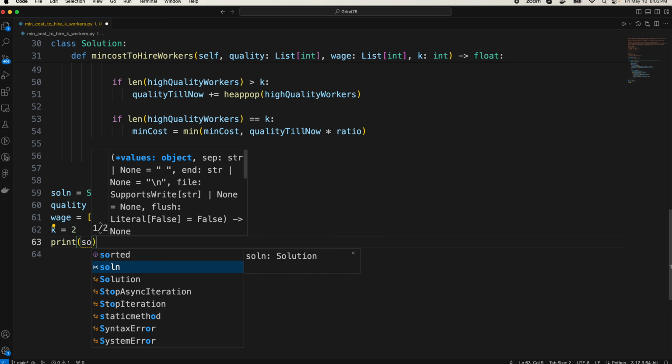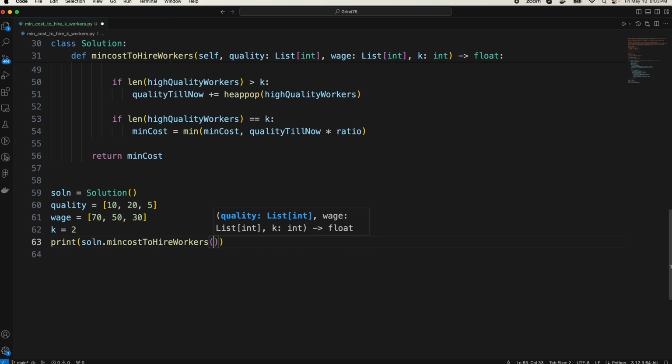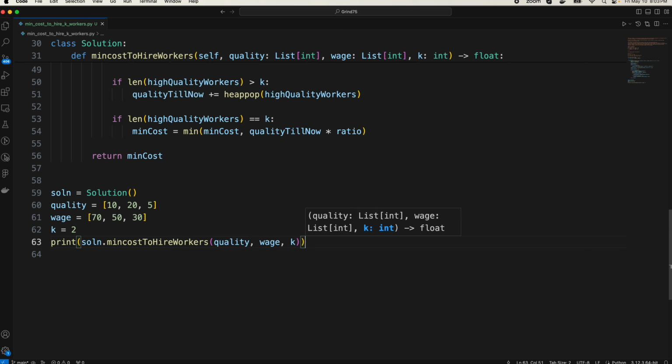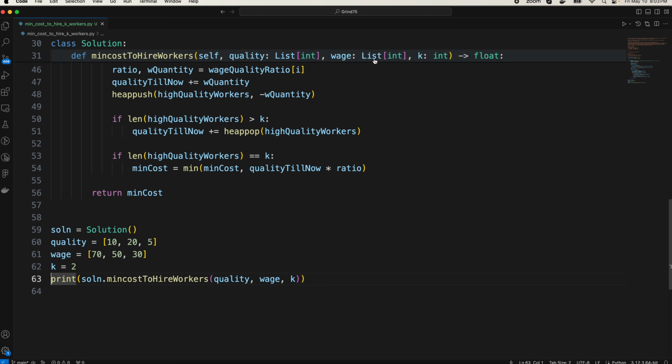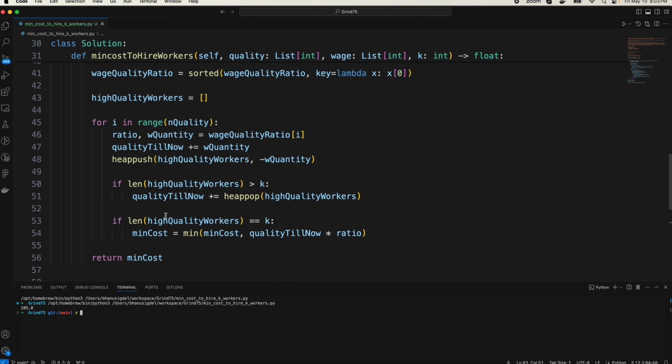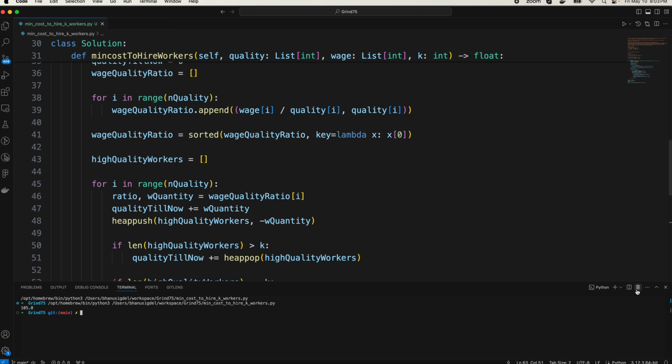Print solution dot that, and then we are passing quality and then wages and then k. Okay, let's run this code. As you can see, we get 105. I think that is pretty much it.